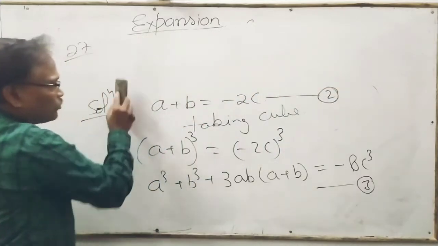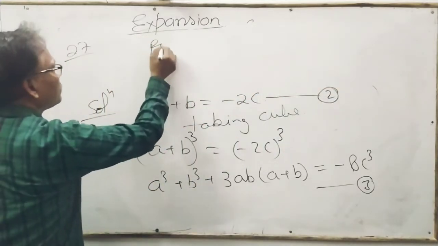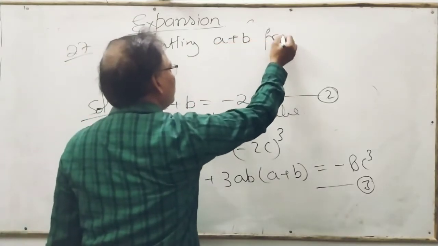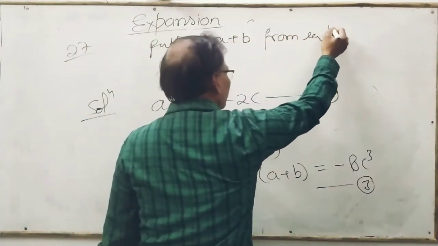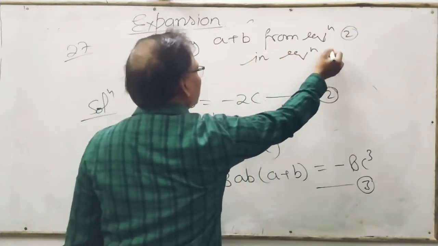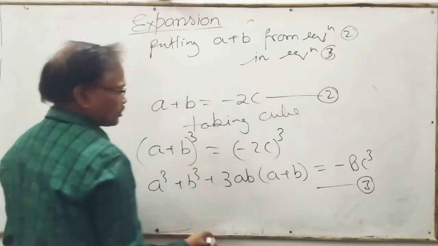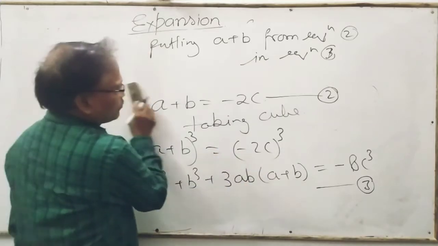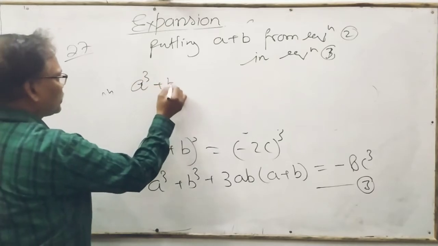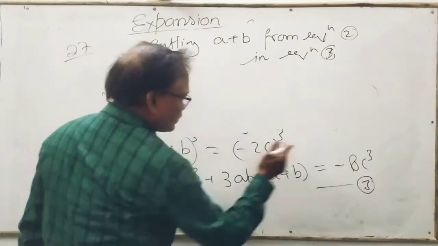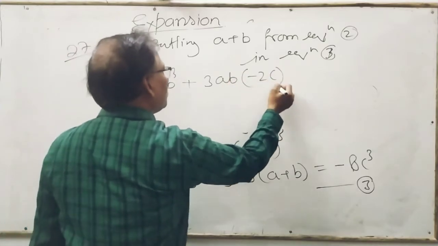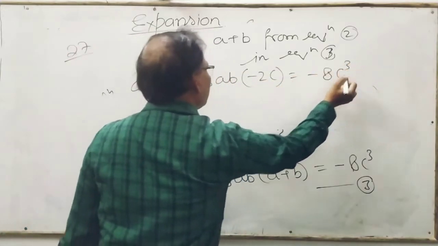So just putting the a plus b from equation 2 in equation 3. Just you have to write. So minus 2c we are putting, so you will get a cube plus b cube, this minus 8, now we are taking 3ab into minus 2c is equal to minus 8c cube.